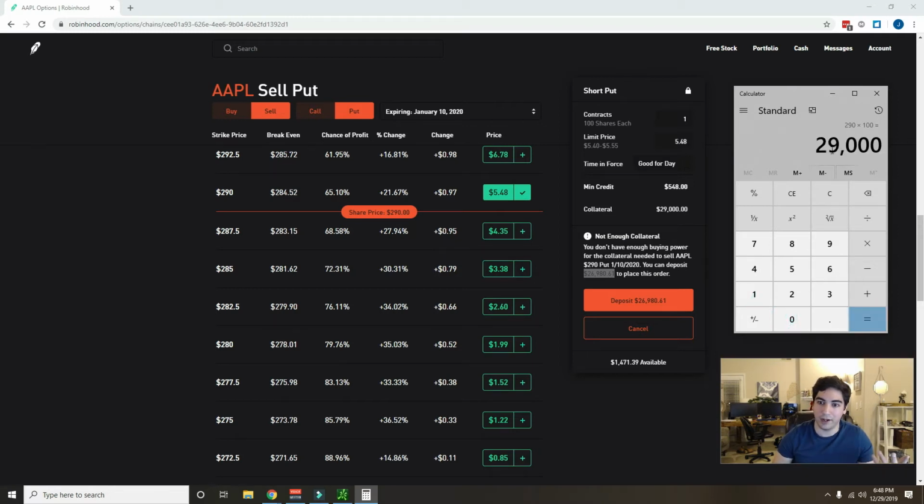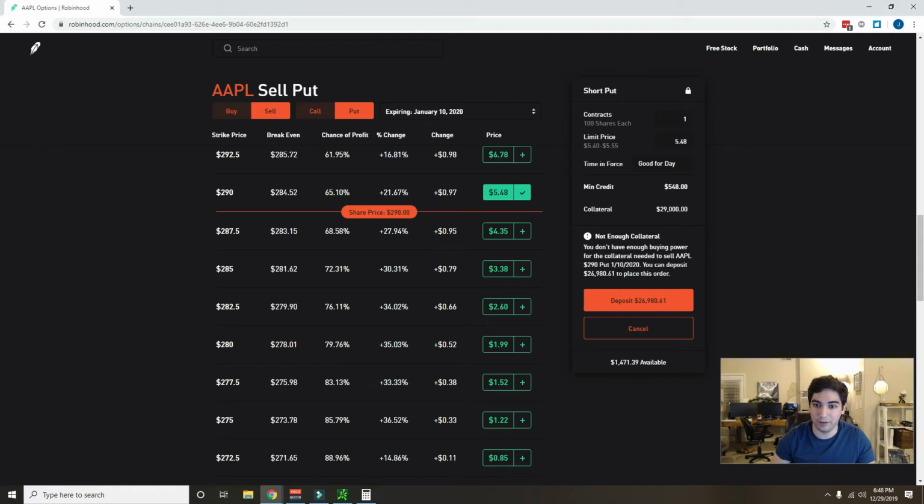I need 29,000. I have a couple thousand buying power. I'd need to deposit $27,000 more to cover that bet. Yeah, not doable. So what we do is called the put credit spread.